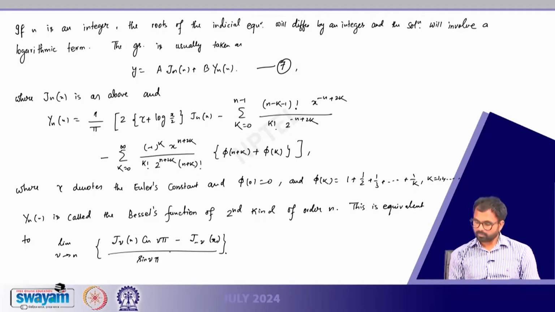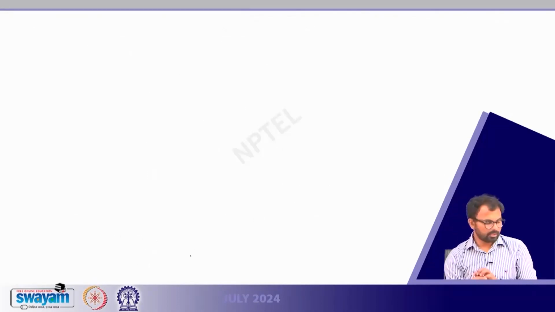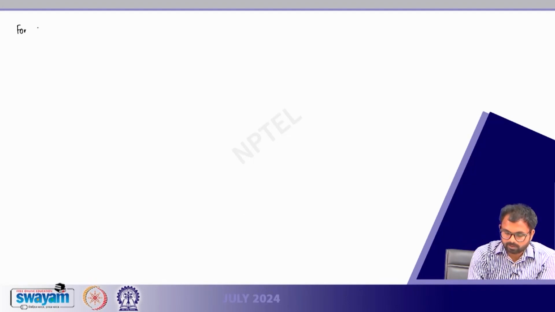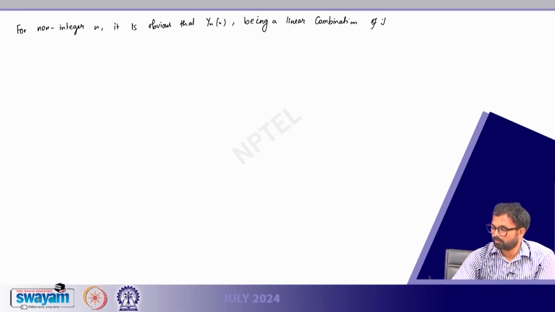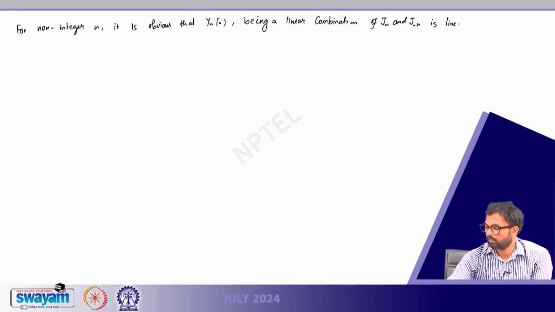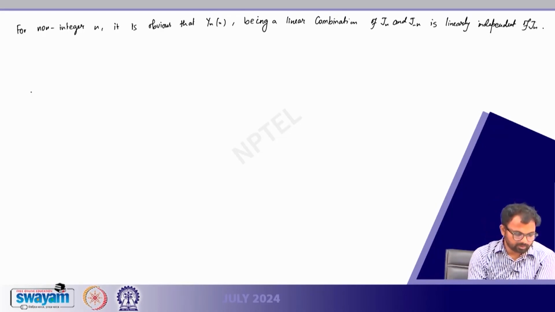So, for non-integer n, it is obvious that Y_n(x), being a linear combination of J_n and J_{-n}, is linearly independent of J_n(x).